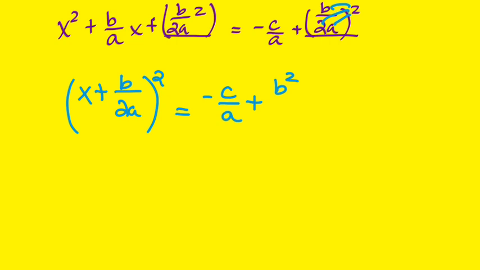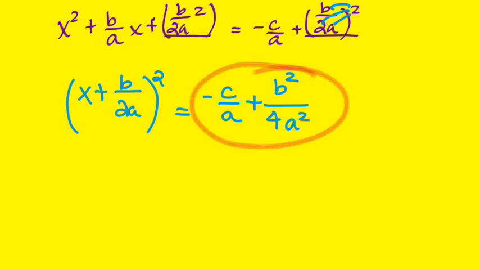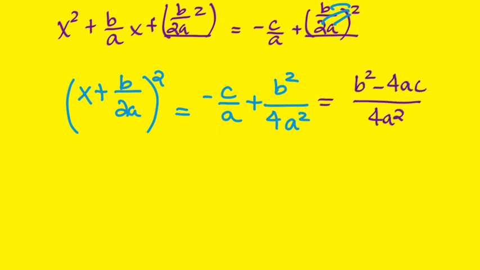I'm distributing my exponent of 2, so I'll get over 4a squared, right? Now I want to add these up. I need to simplify this value over here, and I can do that because it's just adding fractions, right? It's just adding fractions. Let me show you down here what that means.